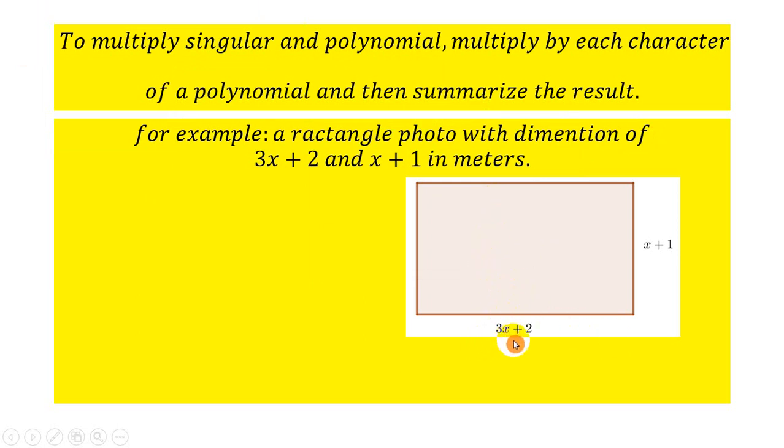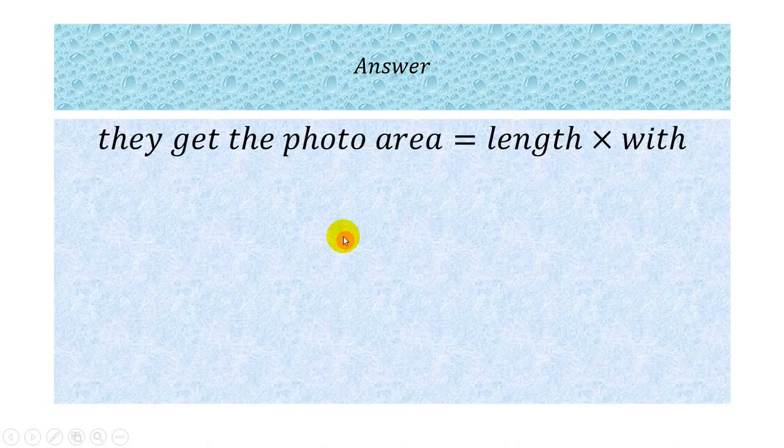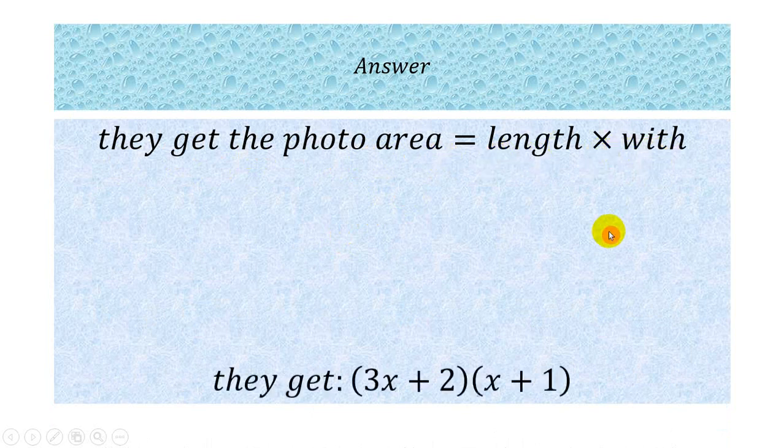The length is 3h plus 2 and the width is h plus 1. The photo area equals length multiplied by width.